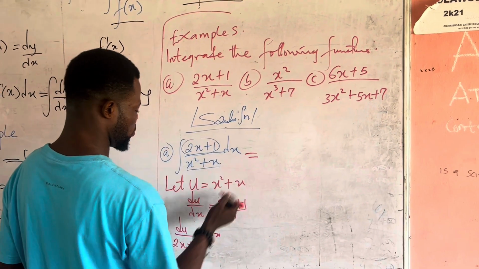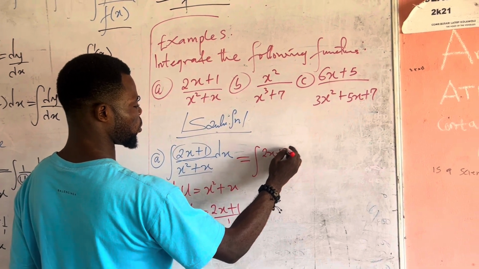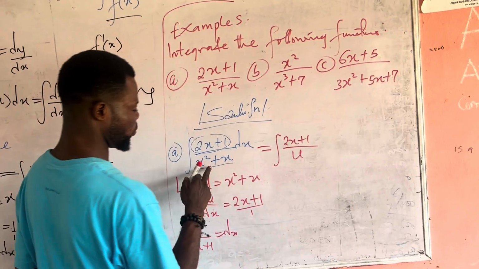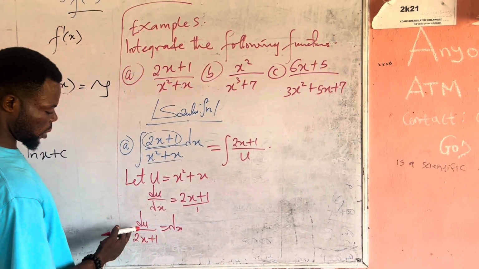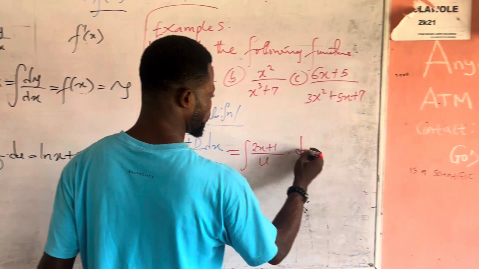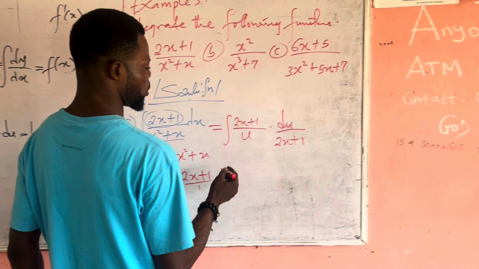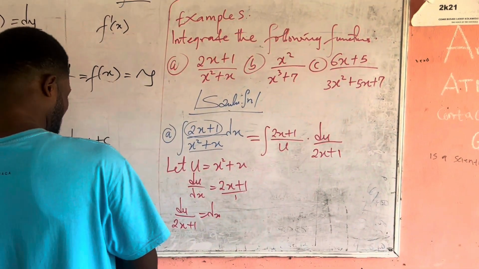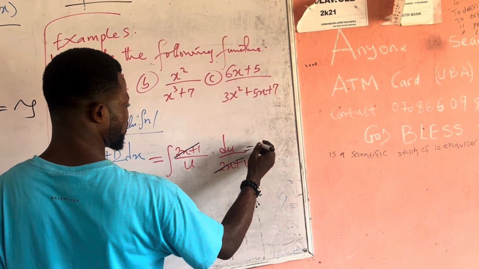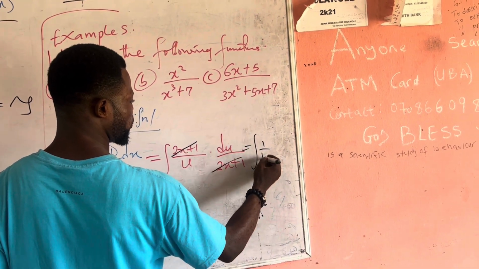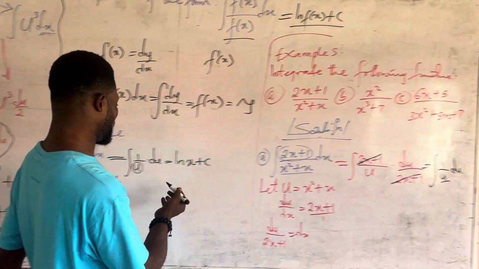So this will now be equal to integral 2x plus 1 over u, where we replace everything by u, times dx, which is du over 2x plus 1. What will happen here is that this will take care of this. We now have integral 1 over u du, and this is in standard form.